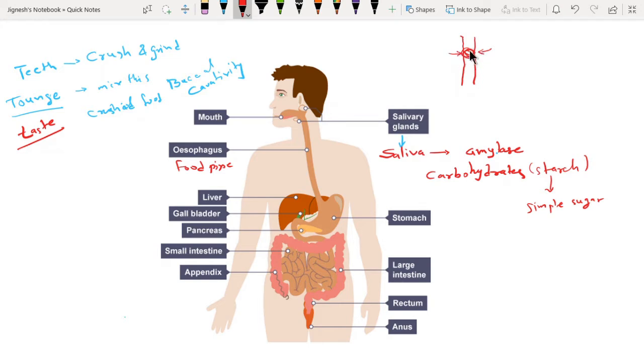When the muscles contract, they push the food down, and when they expand, the food goes down. So the contraction and relaxation of muscles present in the food pipe is known as one process.